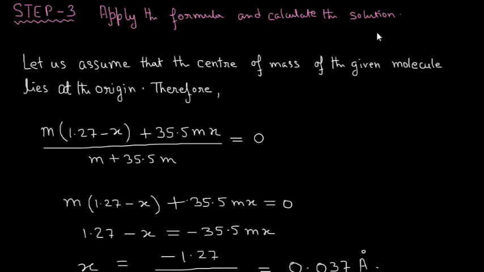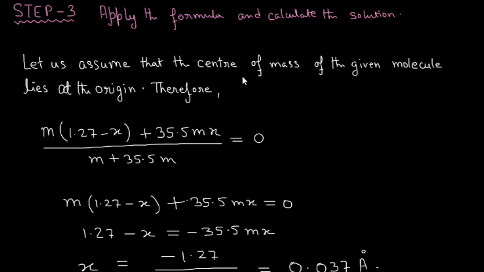Let us see step 3. So first step was draw the diagram and write the information which is given in the diagram. Second step is write all the given physical quantities from the diagram and from the question. Third step is apply the formula and calculate the solution. Simple.